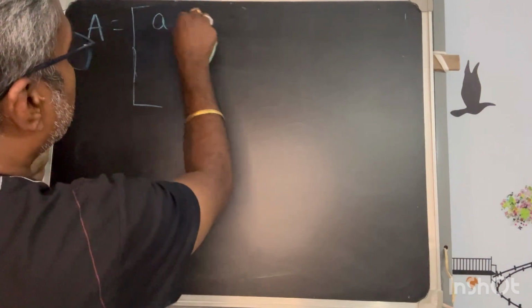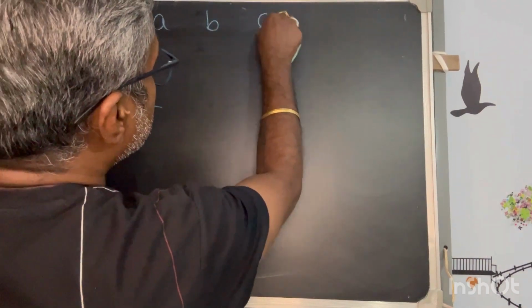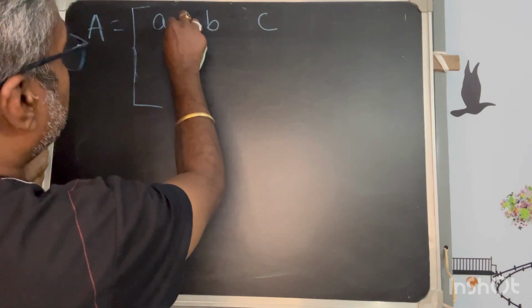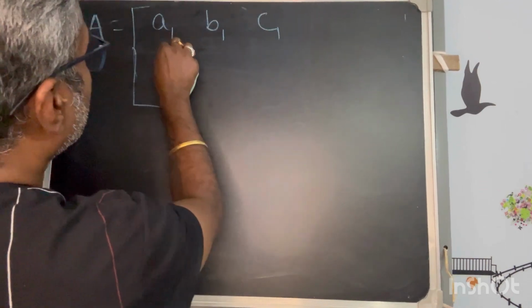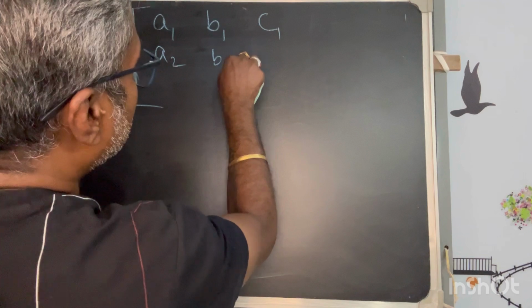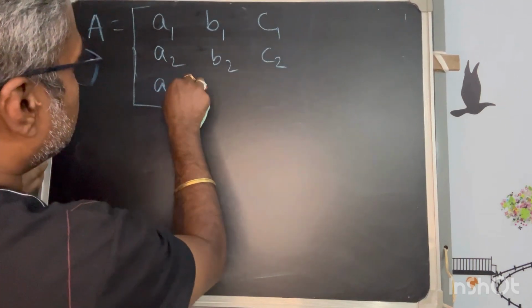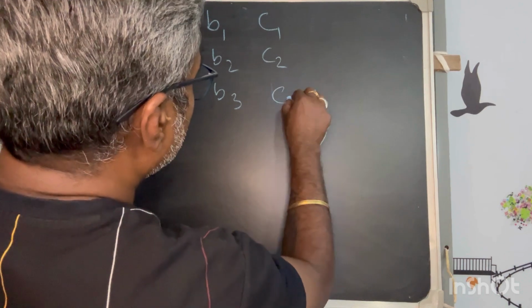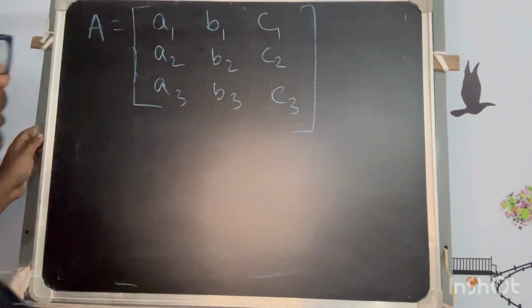Let's say I'm taking A1, B1, C1, A2, B2, C2, A3, B3, C3. So this is one matrix.